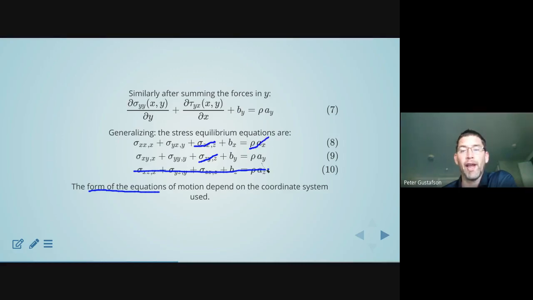So we can cross out the A's because that's going to be equal to 0. Let's say the body forces are negligible, which in many circumstances they are. Gravity doesn't contribute substantially to stress. So what we have now is a much more concise set of equations. Sigma xx comma x plus sigma yx comma y is equal to 0. Sigma xy comma x plus sigma yy comma y is equal to 0.